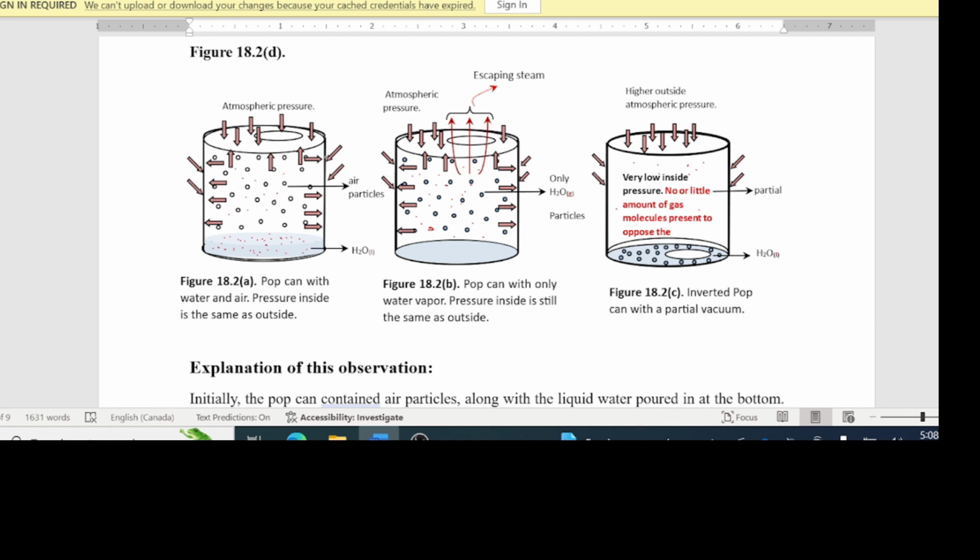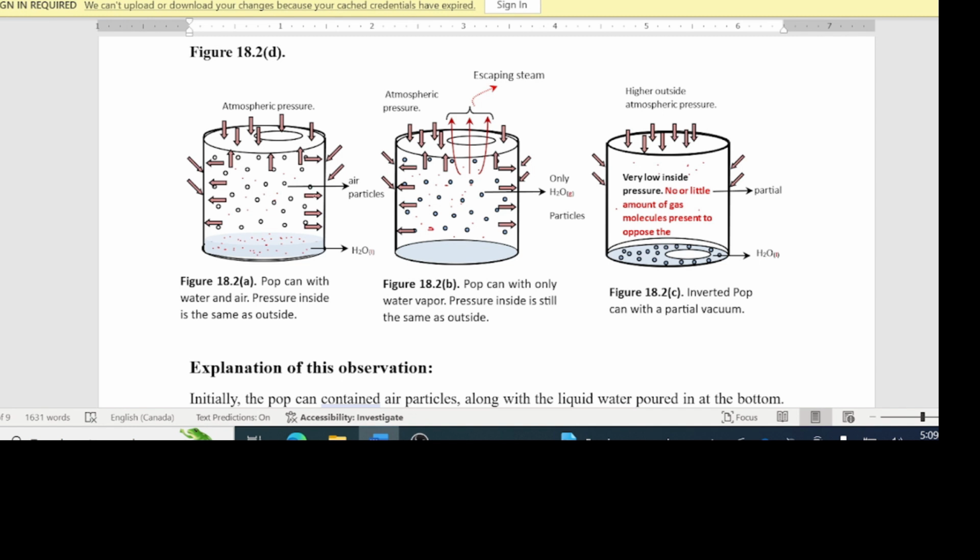So the atmospheric pressure is pressing on the outside of the can, and the air particles inside there, along with any little bit of water molecules that evaporated there, are pressing on the inside, and these two balance each other.